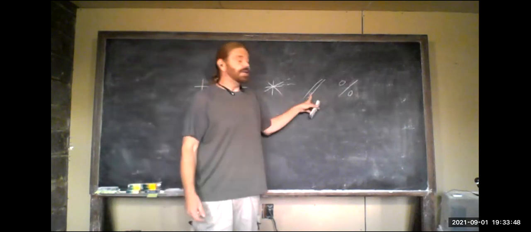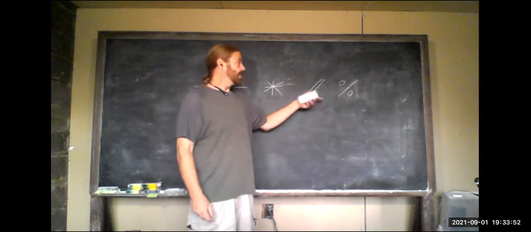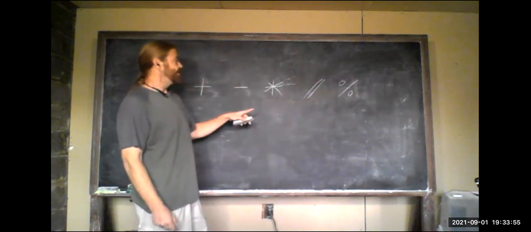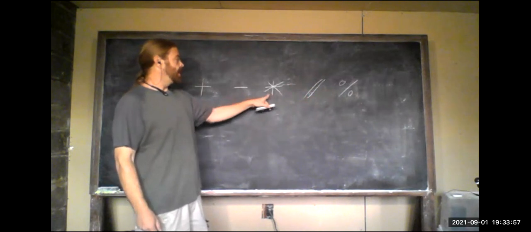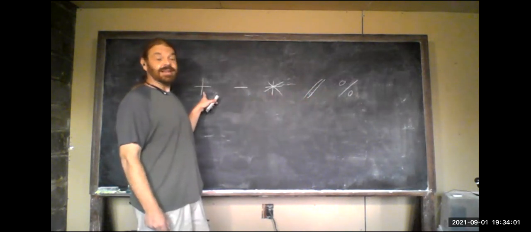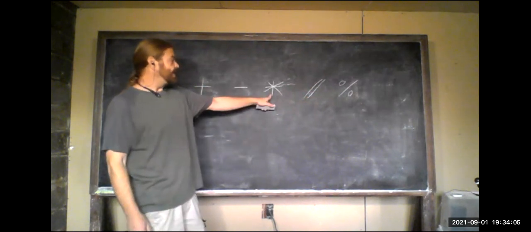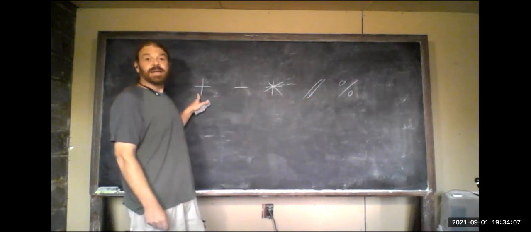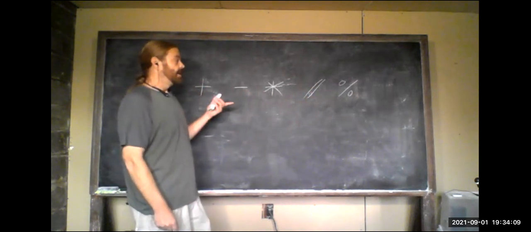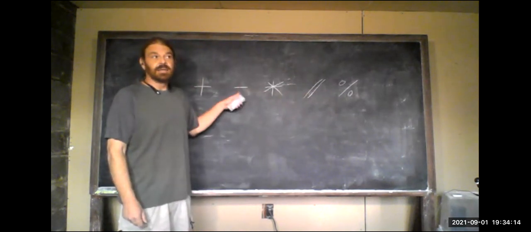So modulus and division, that's really one operation. We'll call that dividing. And multiplying, you probably remember from your math class somewhere along the way in your education that multiplication can be viewed as really just repeated addition. And in the same way, division is kind of repeated subtraction.